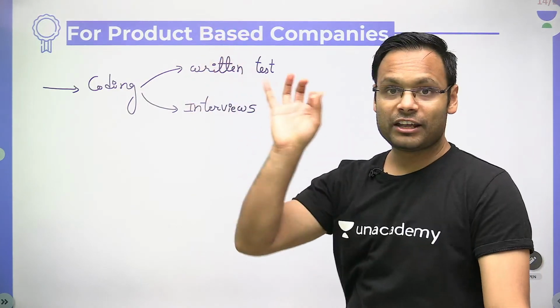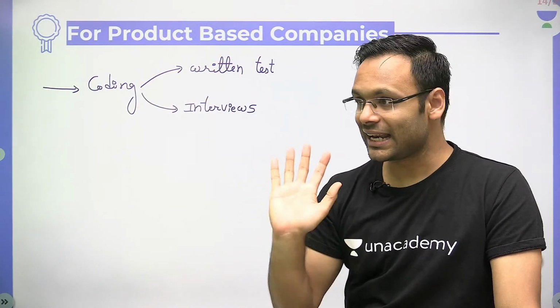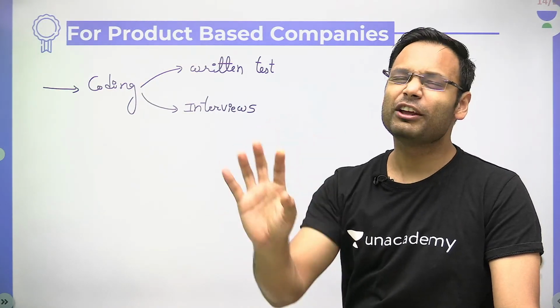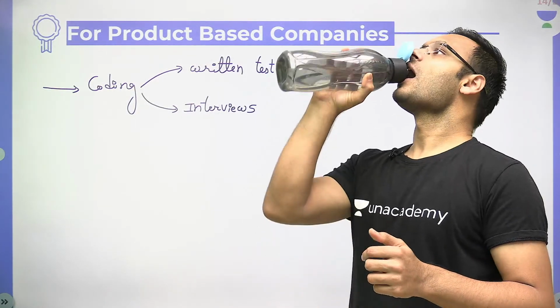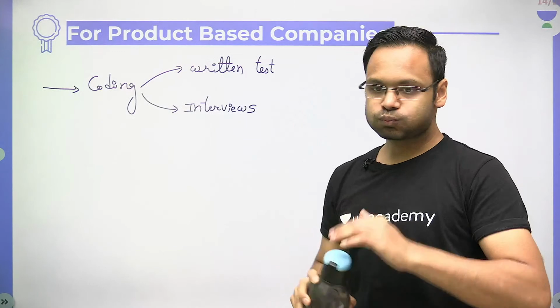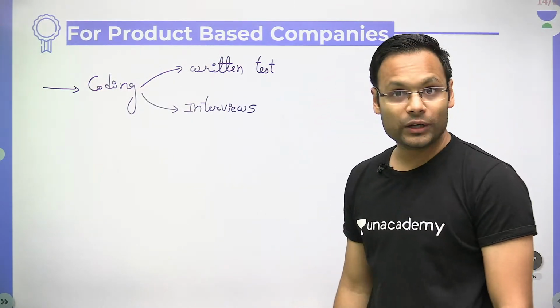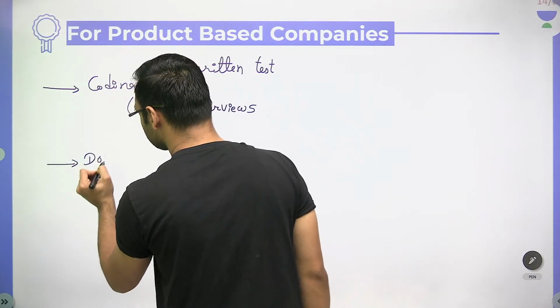These companies are very peculiar. They will be hiring a very small number of people because they need very few, but the person they hire should be very, very good. So you need to have hands-on practice in coding. Second thing, you need to have domain knowledge.